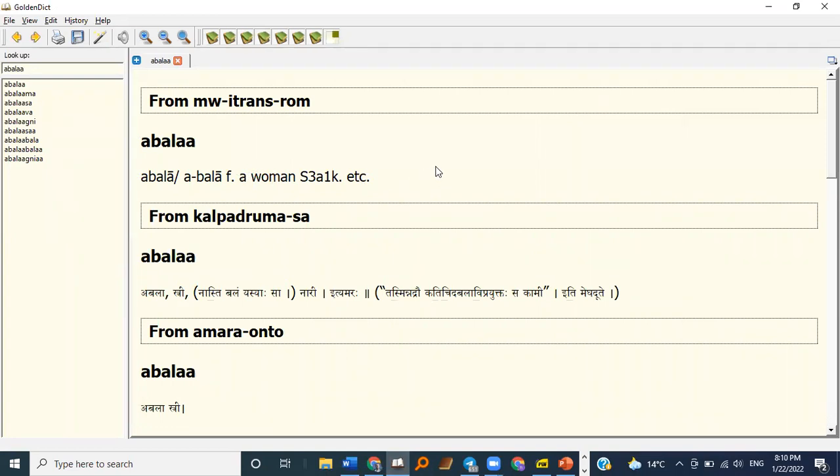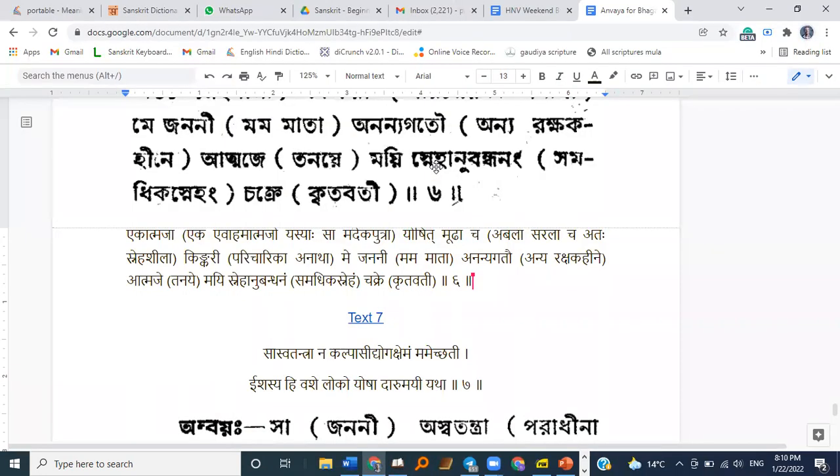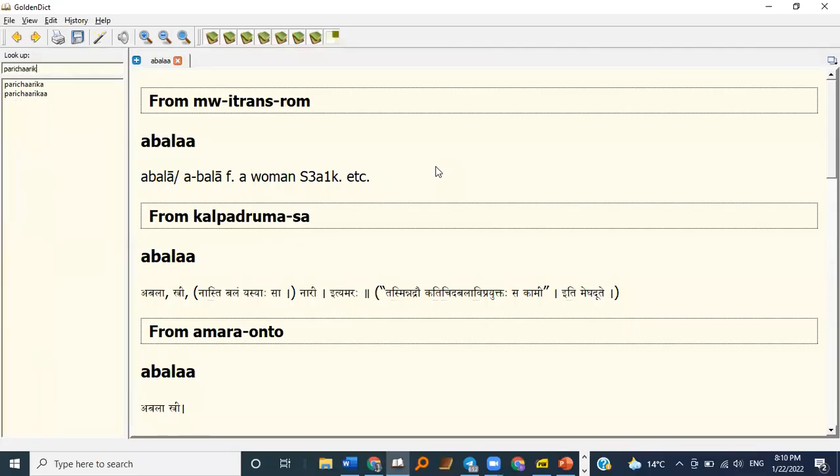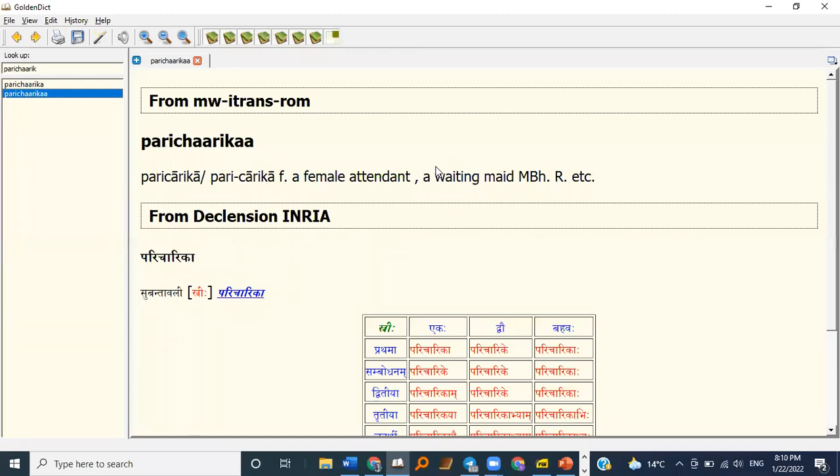Sometimes Abala is used like helpless, without any shelter. Sarala, she was very simple woman. Therefore, she was Snehashila, she was very affectionate. She was Kinkari, Paricharika. Paricharika means like a maid servant, a female attendant.